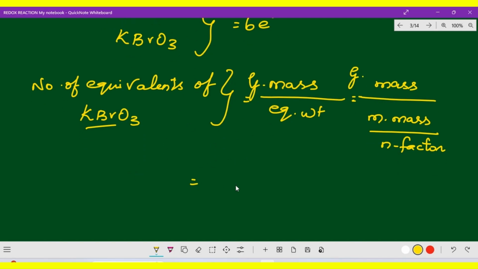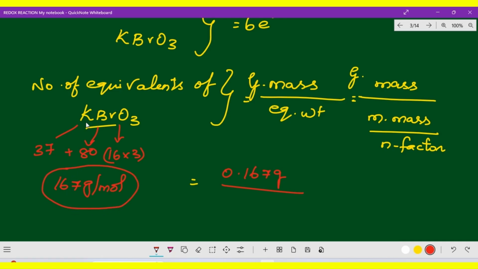Let us apply the values. Given mass is 0.167 gram, divided by the molecular mass of KBrO3: 39 for K, 80 for Br, and 16 into 3 is 48, so altogether it is 167 gram per mole.